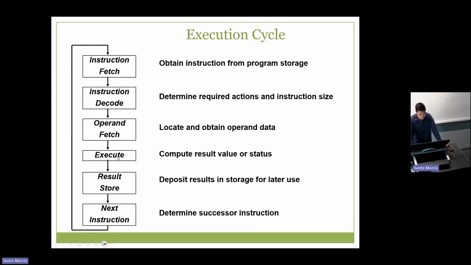That's what the execute stage is for. And if we needed to grab from memory, it would be after this execute stage. If we were writing to memory, it would also be after the execute stage. And for all of our instructions that need to write back to the register file, we also need to store those results. And we go and repeat the process.